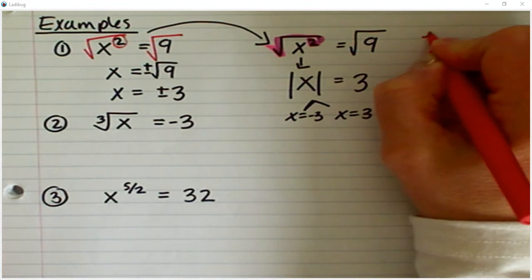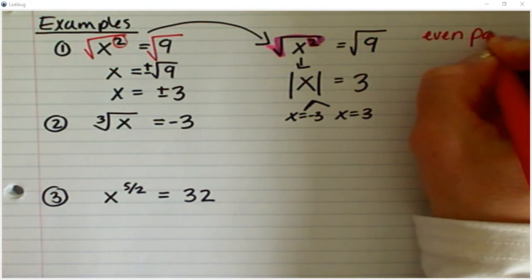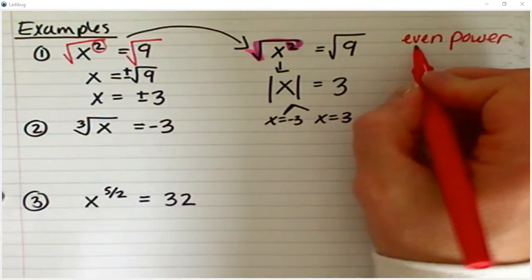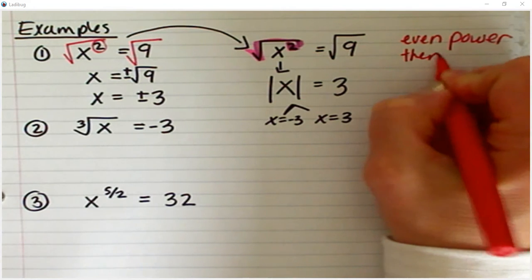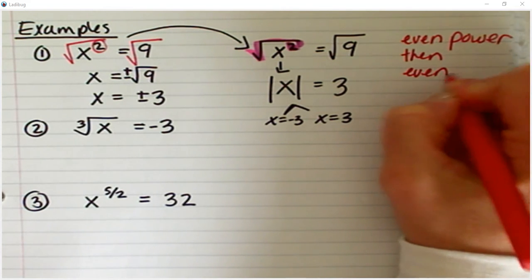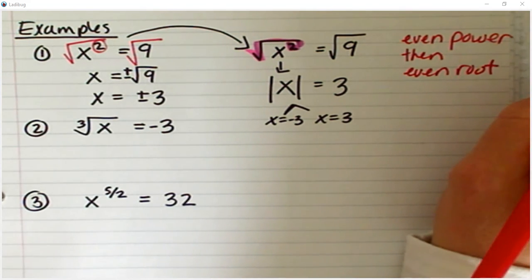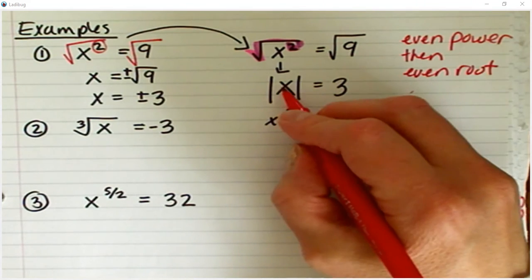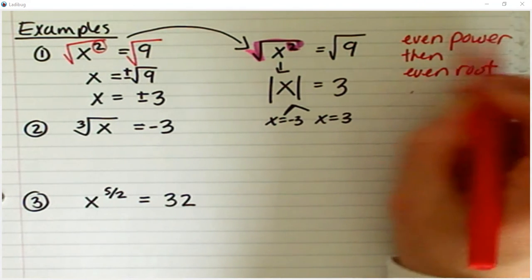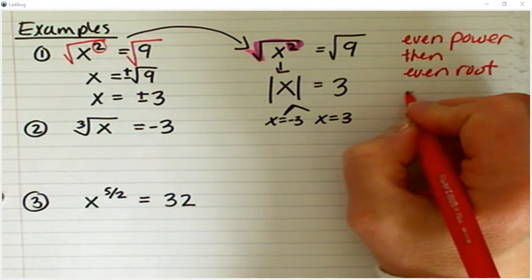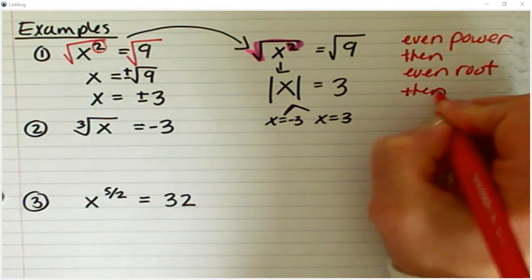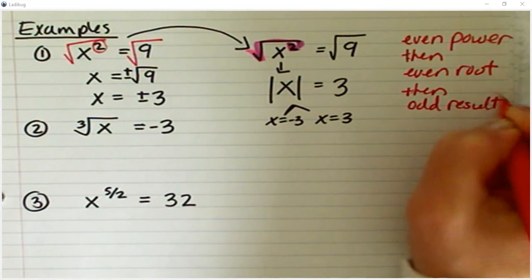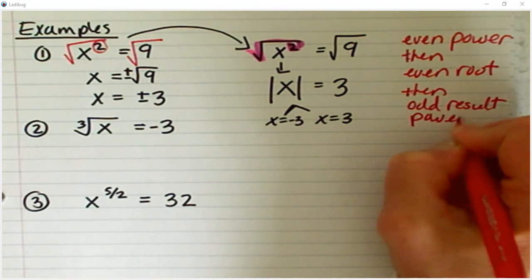And so when you have an even power, okay, notice that we started with an even power. Then you get an even root. The result, okay, x to even power, then you get an even root, and then you get an odd result power.